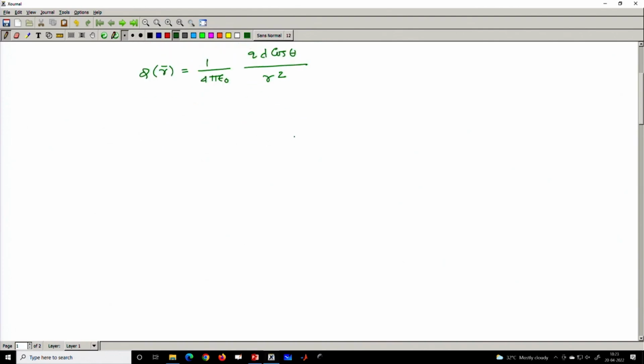Here the potential goes like a 1 by r square form. This is the way the potential changes.